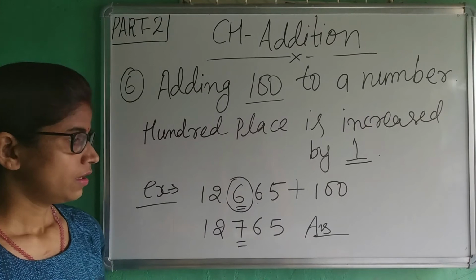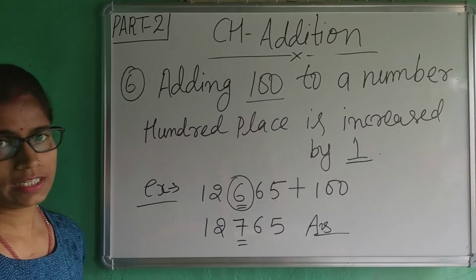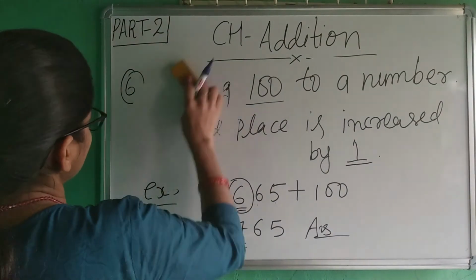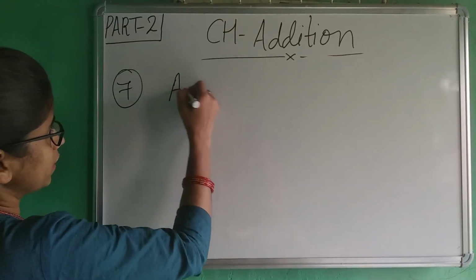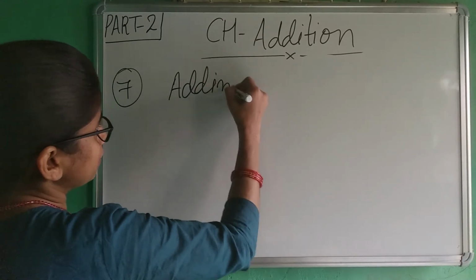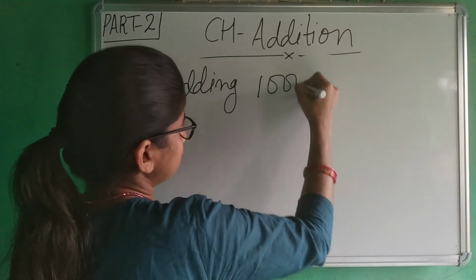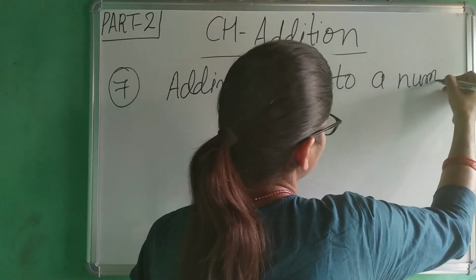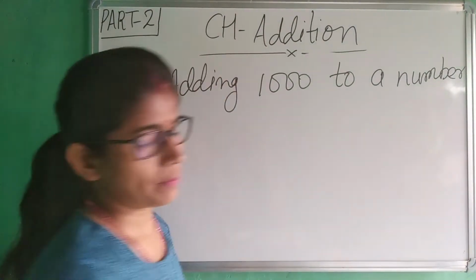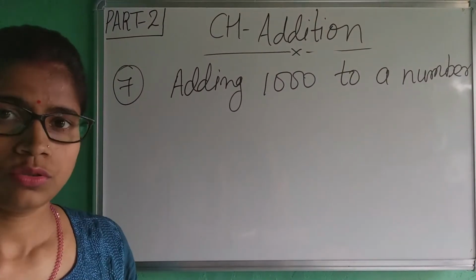Okay? Now the last property, not the least. The last property is adding 1000 to a number. What will happen when you add 1000 to a number?